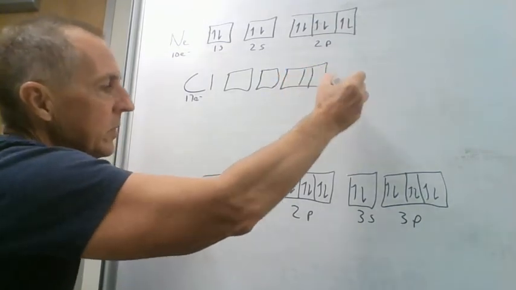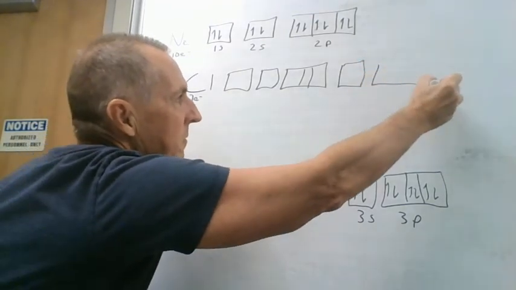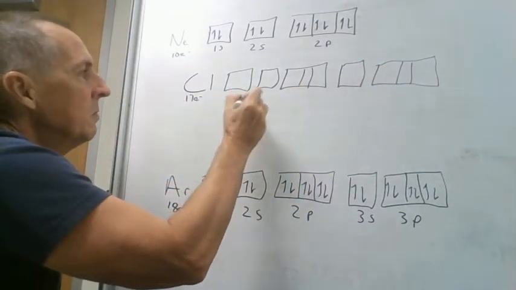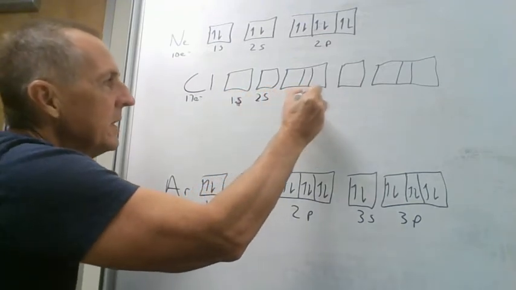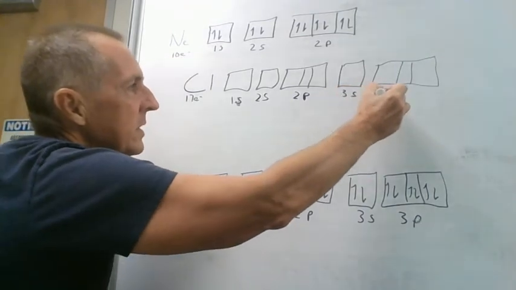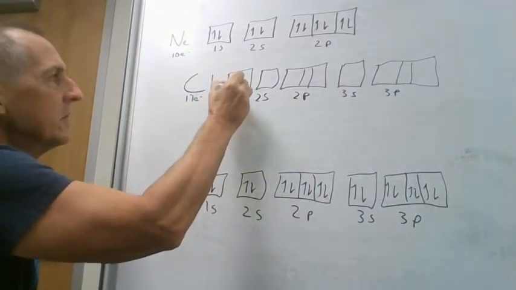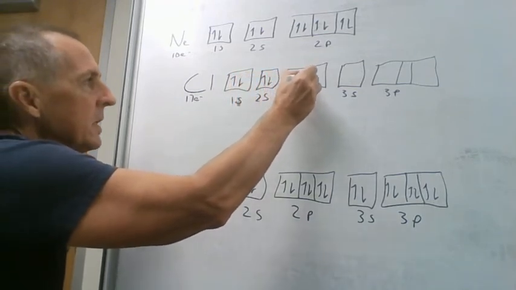I'll be a little sloppy with my box drawing here. We have a 1s, a 2s, a 2p, a 3s, and a 3p, so we'll need that space to put our 17 electrons. We start from our lowest energy level and then fill them from there.